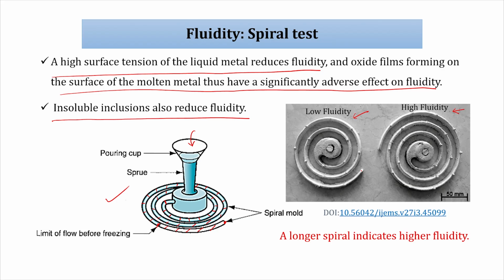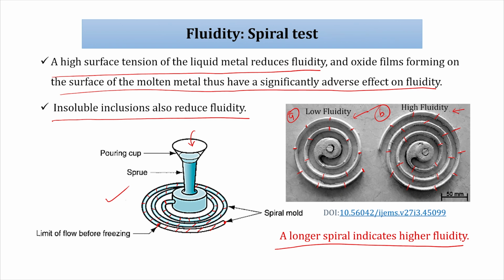You can see the length change, these points are visible on the scale, and this counting tells how much fluidity there is. Similarly, figure A and figure B. I can clearly say B has higher fluidity, as we are able to fill more length and allow it to solidify, isn't it? So circuit B has higher fluidity than A. A longer spiral indicates higher fluidity.